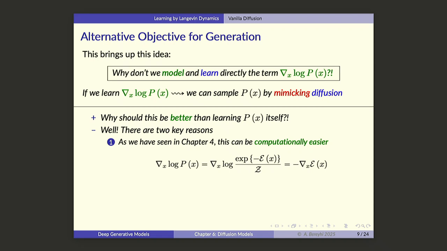When you take the gradient with respect to the argument x, partition function is going to be fixed in terms of x, and then this is going to disappear, right? So obviously, the thing that you need here is not exactly the same thing as you need when you want to sample from the distribution or learn the distribution itself, right?